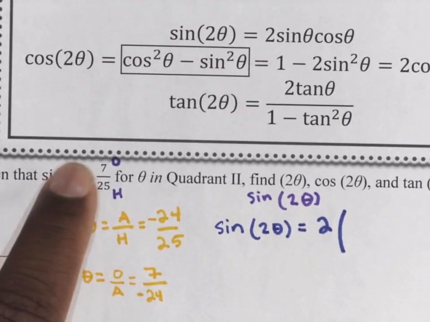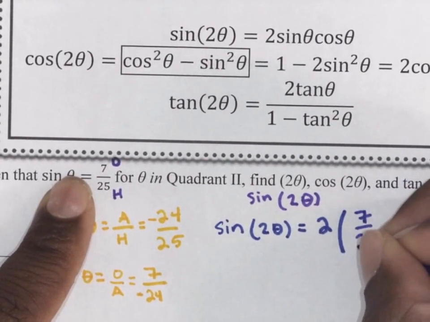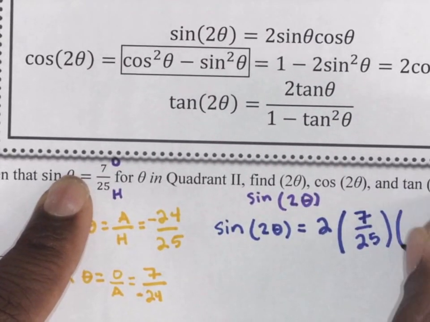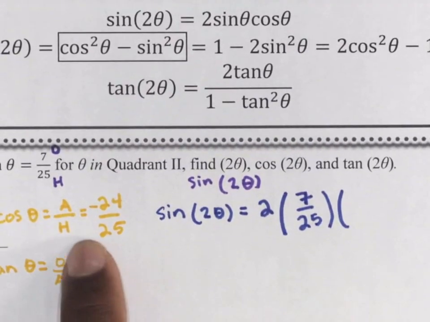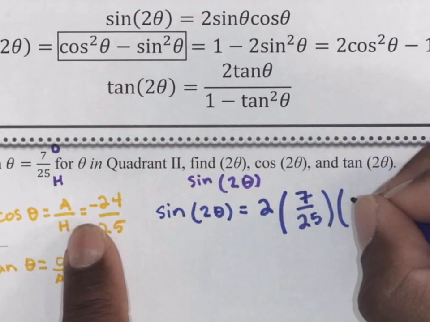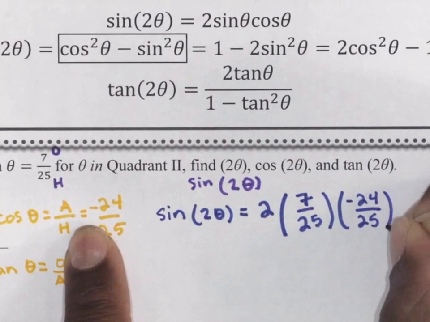Yep, opposite over hypotenuse. That was given to me, 7 over 25. Times cosine. Cosine we found was negative 24 over 25.